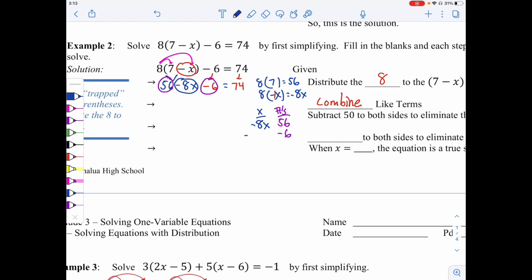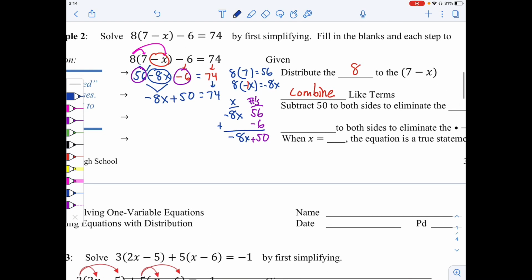We're just going to combine them. 56 plus negative 6 is 50. So this all becomes negative 8x plus 50, and we still have that minus 74 on the right. We just keep bringing it down.